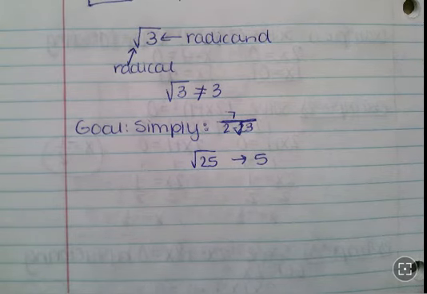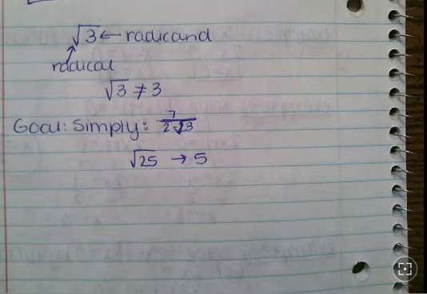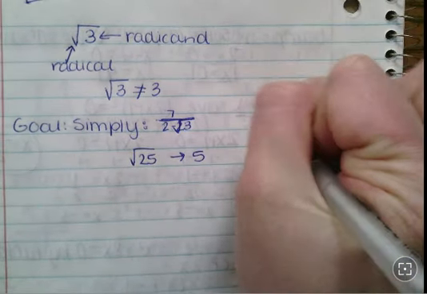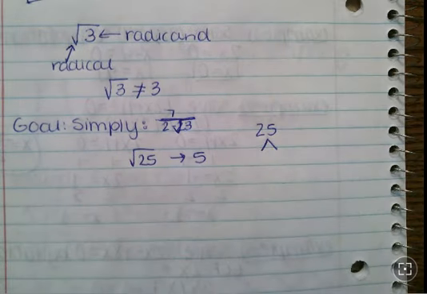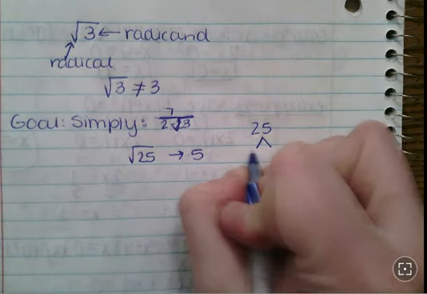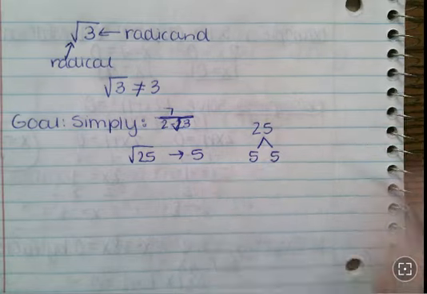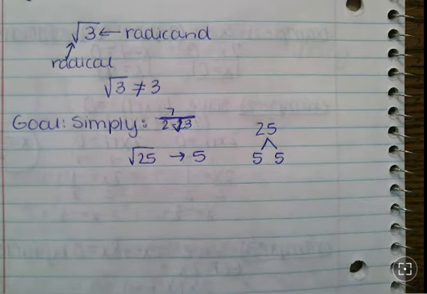But I want you to start thinking about roots a little bit differently. We're going to make what's called a factor tree. If I remember correctly, you have made factor trees before, so this shouldn't be new. But if it is, they look like this. You take 25 and you break it down into all of its prime factors. 25 breaks down into 5 and 5, and then you can't break down 5 anymore.